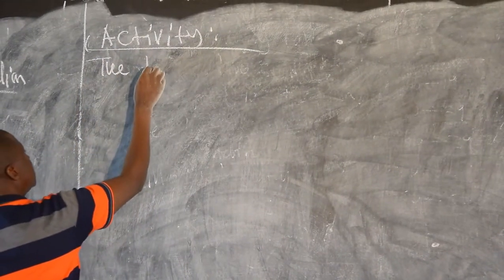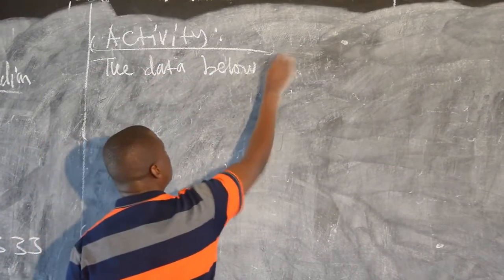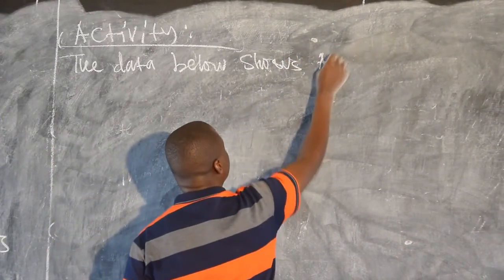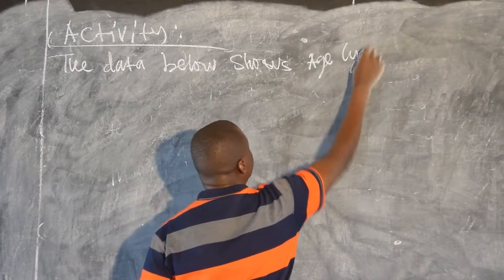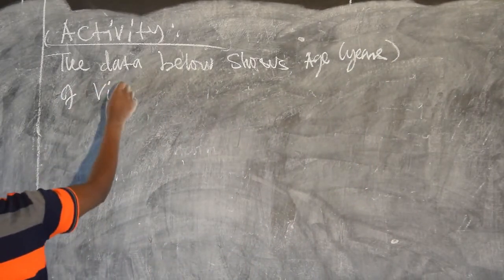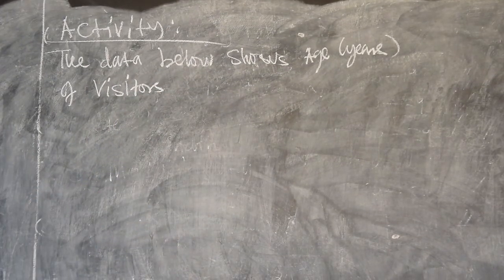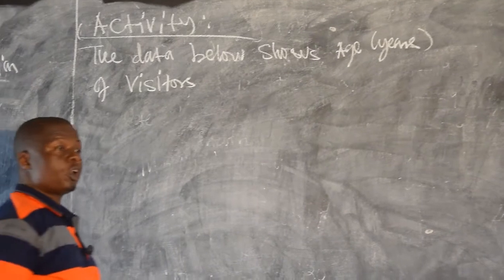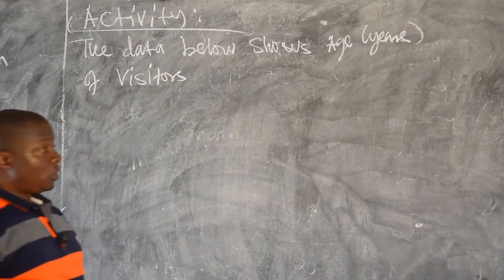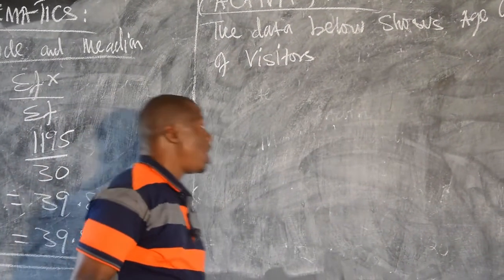The data below shows the age in years of visitors who turned up on the visiting day of a certain school on 1st March 2021.